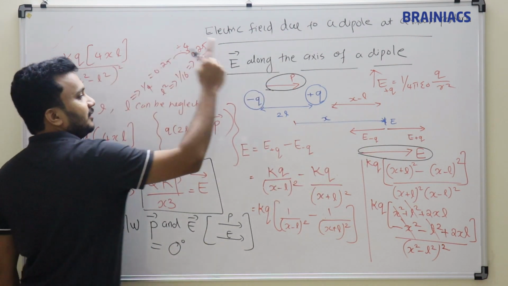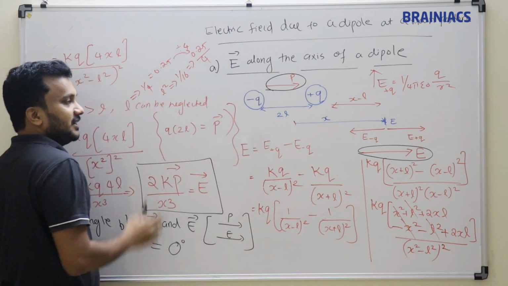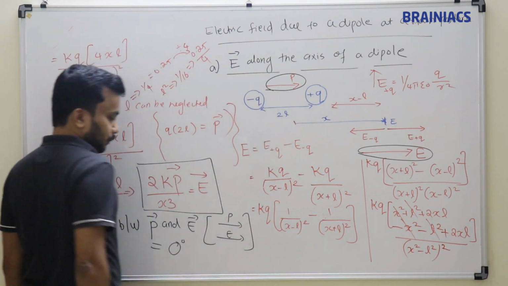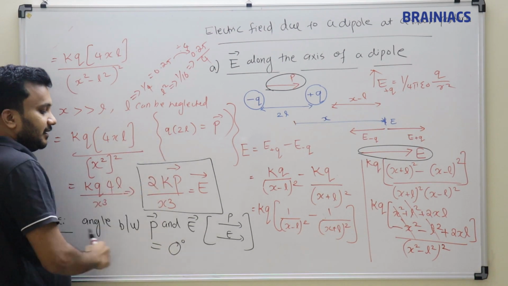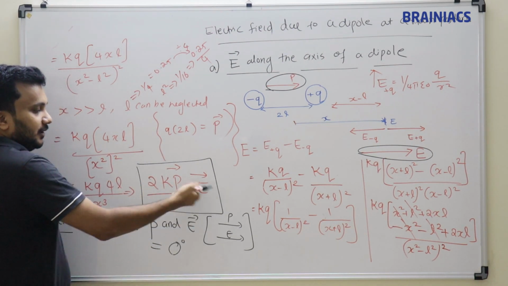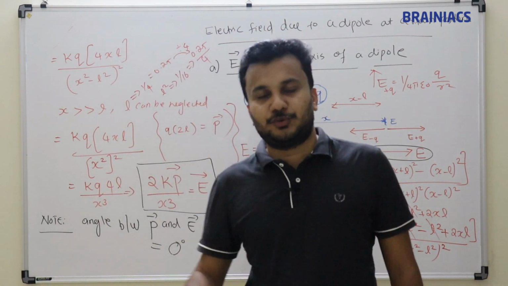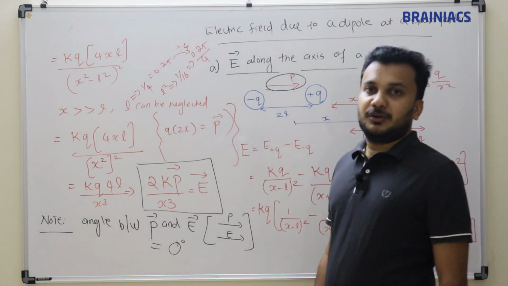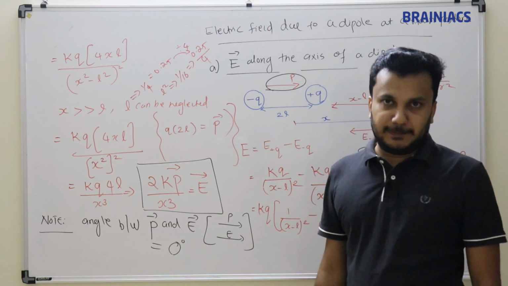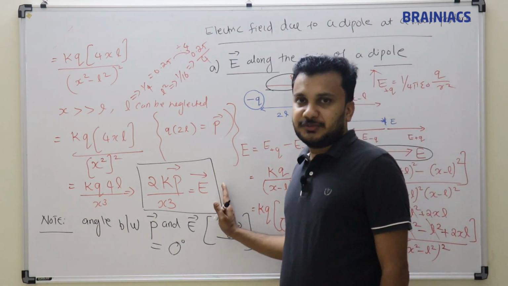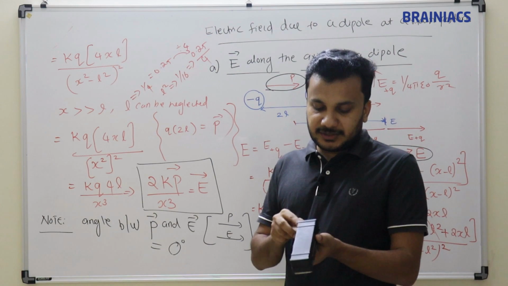As I told before, the direction of the electric dipole moment is always from minus q to plus q. So that is clear. Hence the angle is 0 and the formula is 2kp divided by x cube. K, of course you know, is 1 by 4 pi epsilon 0, 9 into 10 power 9. So remember this formula. This is the electric field along this axis.